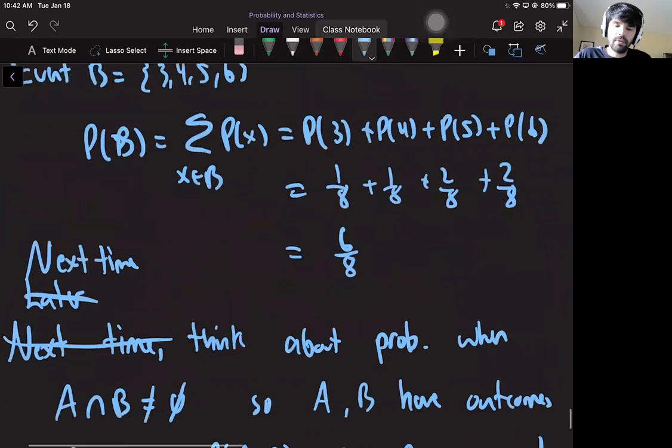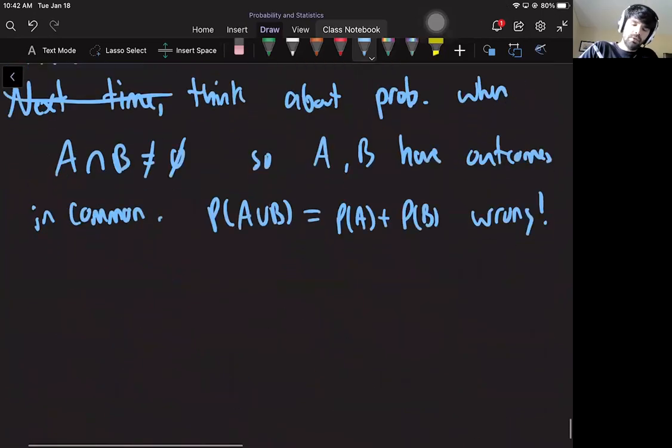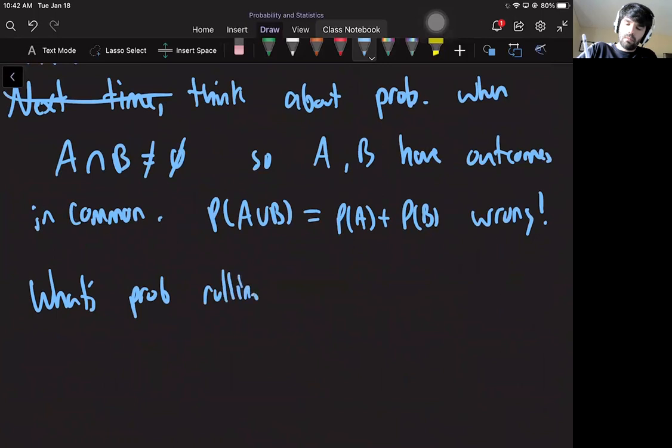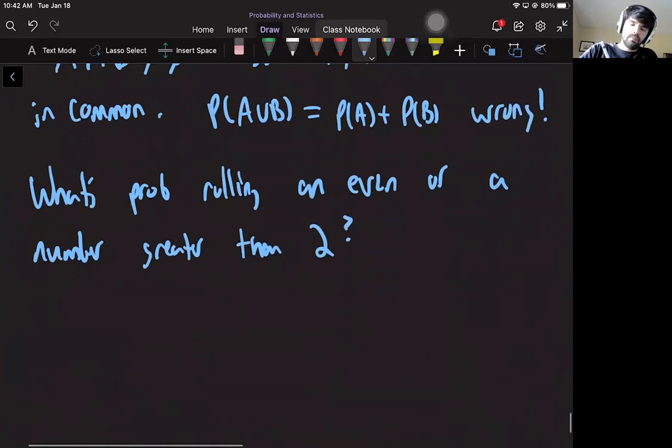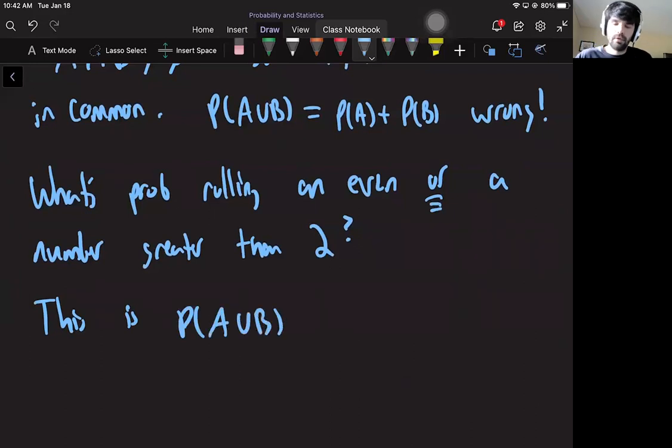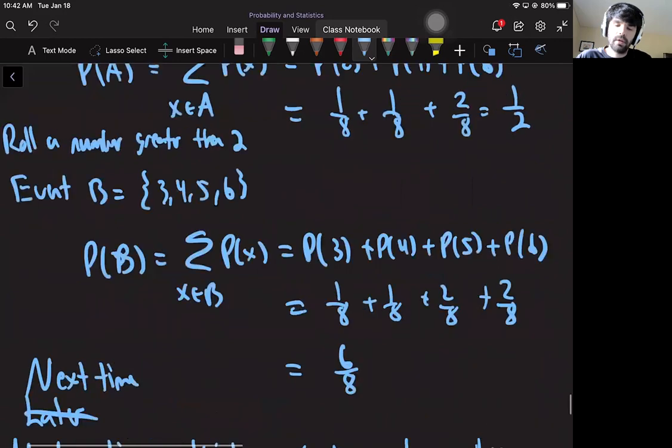So just in this little example up here, if I said, what's the probability of rolling an even or a number greater than 2, then that's really asking for, because of the word or, the probability of A union B for these 2 events I wrote up here.